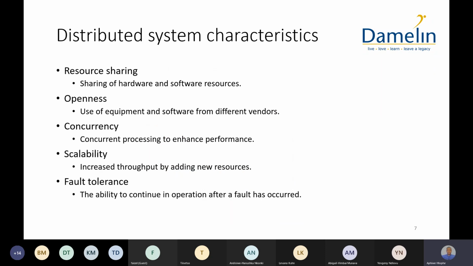These are some of the characteristics of a distributed system. There's resource sharing. So all the computers, remember when you're talking about a system, you're talking about an ecosystem, in simple terms, a grouping of multiple applications. That's the system, okay?